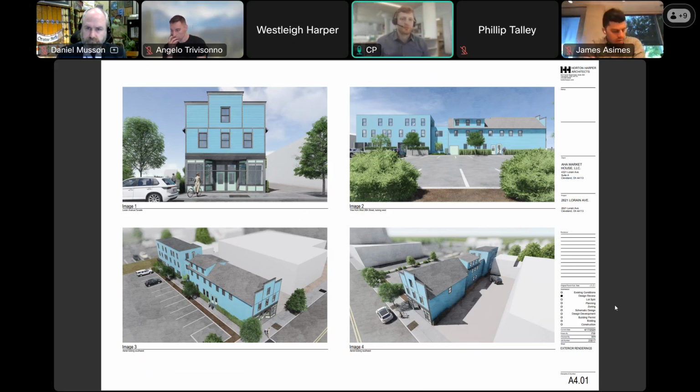Right now, with the same palette and the same materials, it feels as if it's being expressed as a singular building. So I just think drawing a distinction in that hyphenated form might reinforce the new from the old in a way that harkens back to the Secretary of Interior standards.